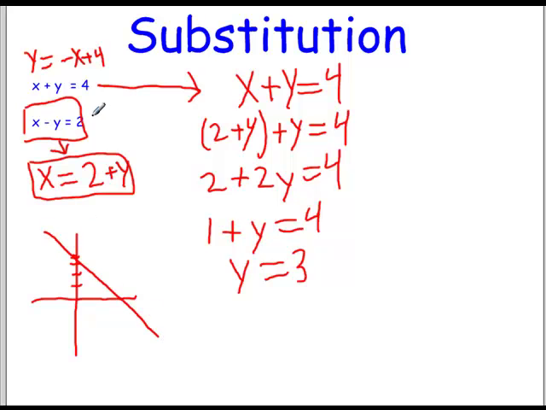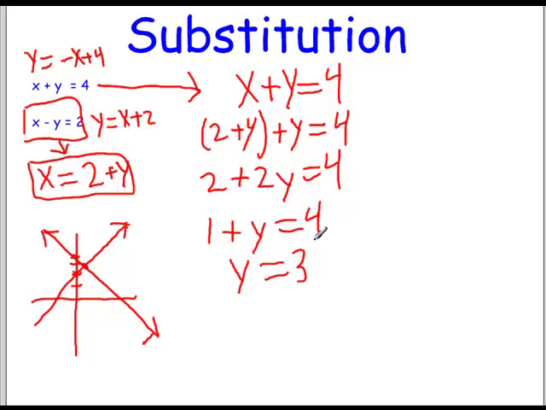This one's going to be equal to y equals x plus 2, so it's going to be 2. It's going to look like this. So these are the two lines we're working with here. You can already tell, it looks like that is actually at 3. See? y equals 3.